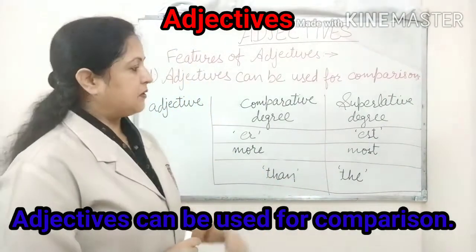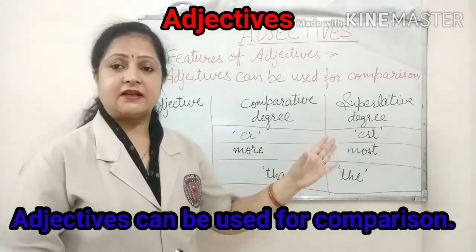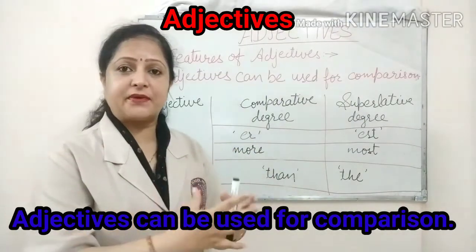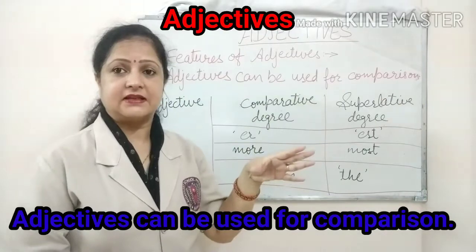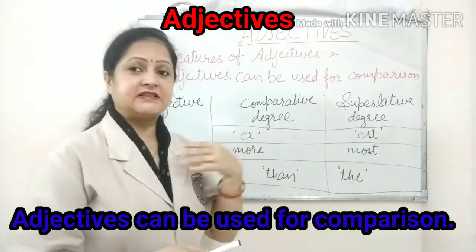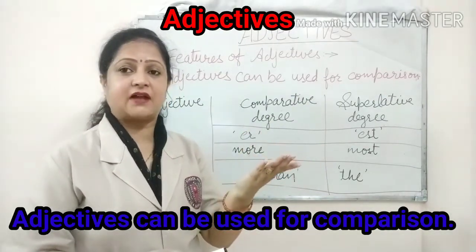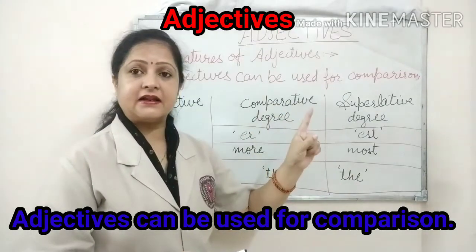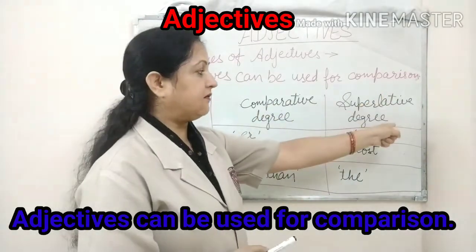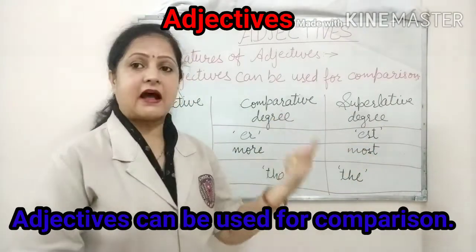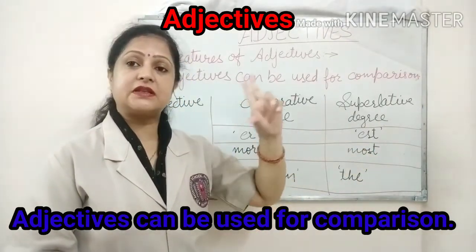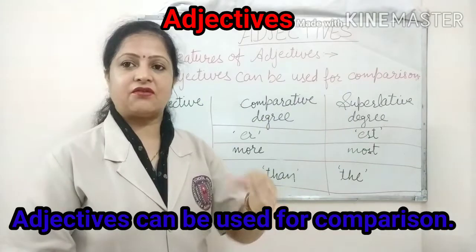Okay. Now superlative degree. Now I want to compare the intelligence of Ram with the whole class. So as I want to compare the intelligence of Ram with the whole class, here I will use the superlative degree. So I will say Ram is the most intelligent boy of the class.